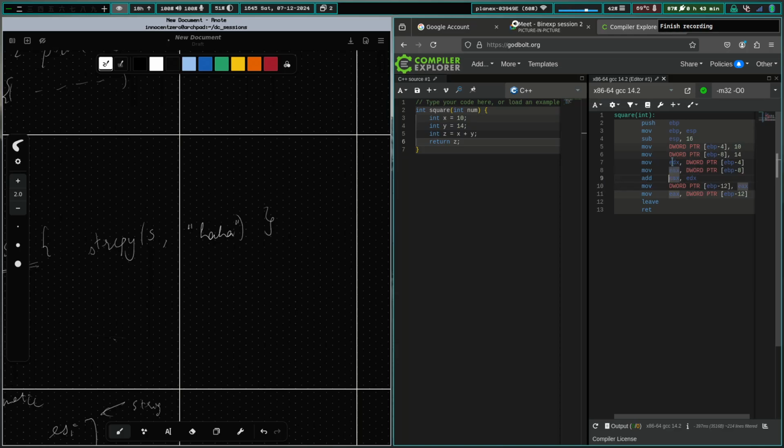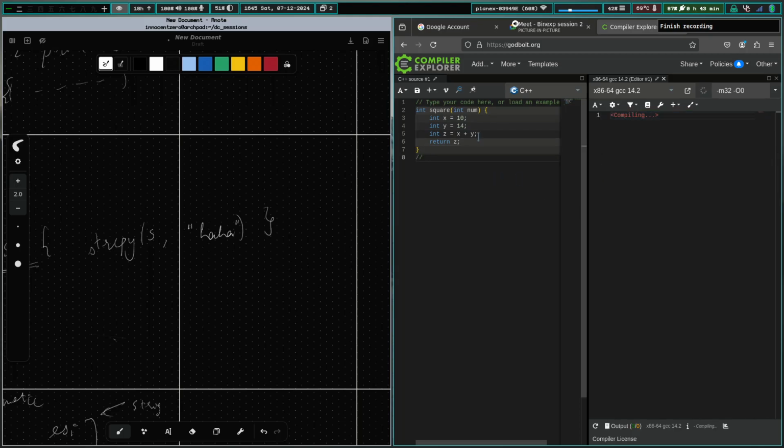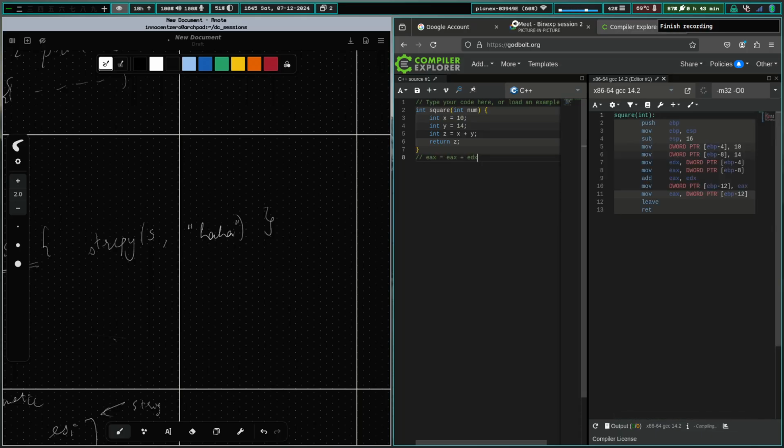If I'm not mistaken, this did EAX equals EAX plus EDX. So you need to be a little bit sure about the syntax. I don't remember. And this is the third variable. So you moved the value of EAX into this.